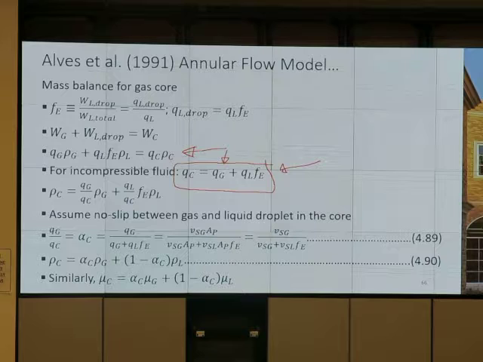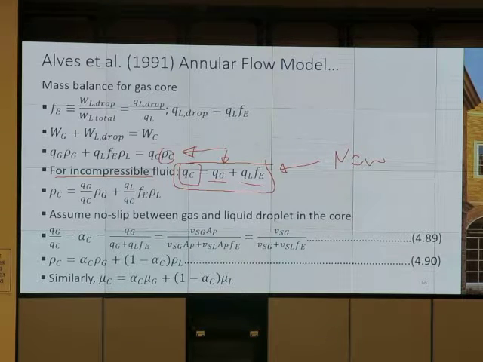So total volume is volume of gas plus volume of the droplet. That's it. So when you add more volume, it flows. It's not like it's compressed, pressurized. No. So this is a new equation by itself based on the incompressible assumption. QC, total flow rate, equals gas flow rate plus liquid droplet flow rate. So that is the total in the core. Okay.